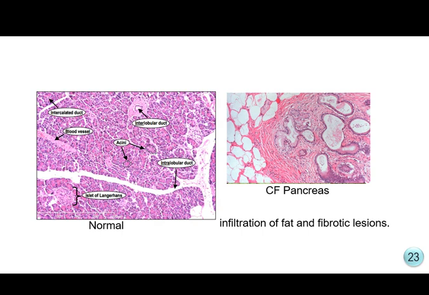On the right is the pancreas from the patient. Number one, you see a lot of white area. These are not air sacs from your lung. These are fat tissue. The reason you have fat tissue is that you see fibrosis. This is the fibrosis because it's pinkish.